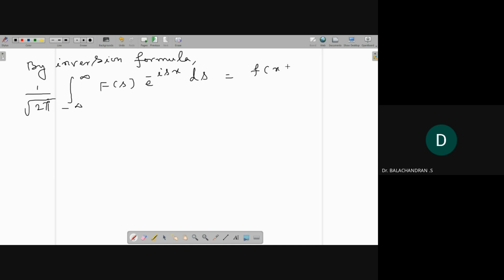This is the inversion formula. So now 1 by root 2 pi, integral minus infinity to plus infinity.